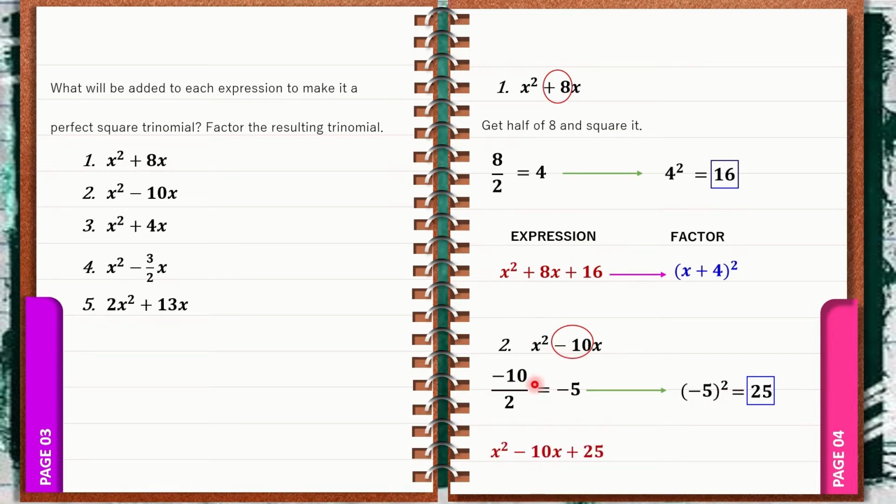Therefore, we have x squared minus 10x plus 25. To factor that, we will get the square of x minus 5. Again, we just get the roots of x squared and 25. So we have x and 5, with a minus sign because the coefficient of x is negative.